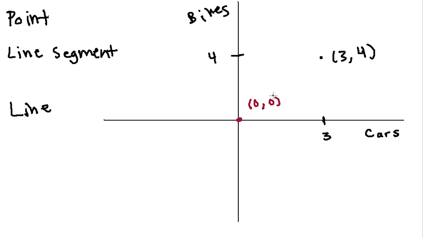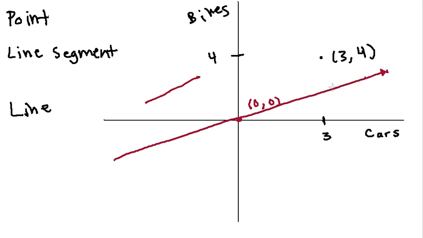Now the other objects that we'll be discussing are line segments and lines. So a line segment is simply a straight object of finite length, and a line, on the other hand, is an infinitely long object which is straight. We draw arrows on the line to denote that they are of infinite length.